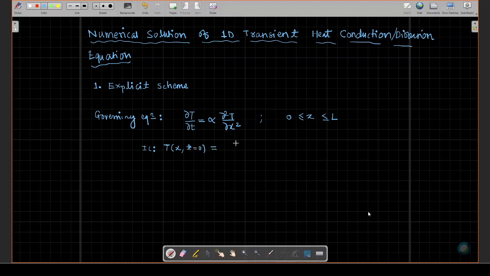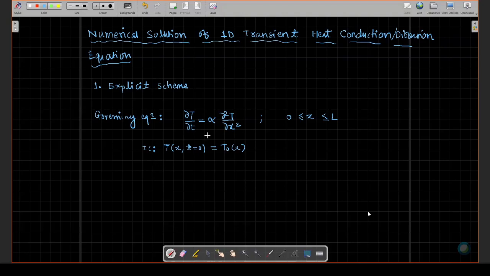That can be specified as a function of space, because we want to specify on that space what is the value at these locations at t equals 0. So say some T naught as a function of x.